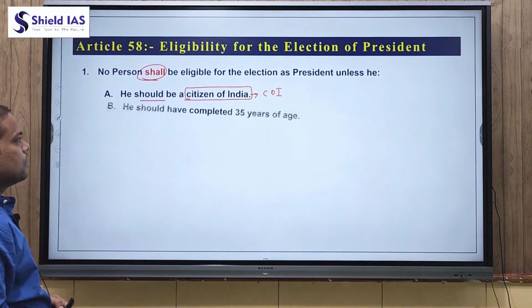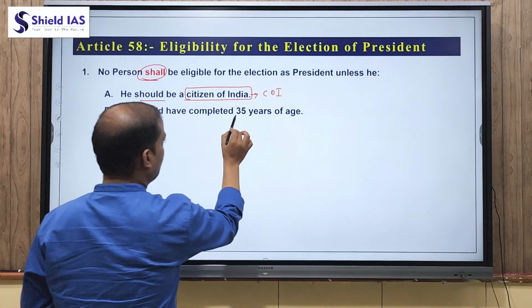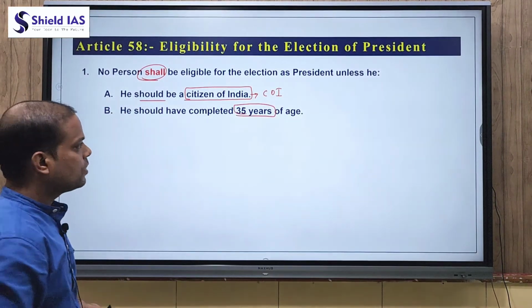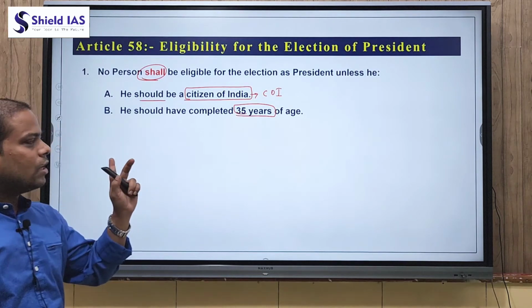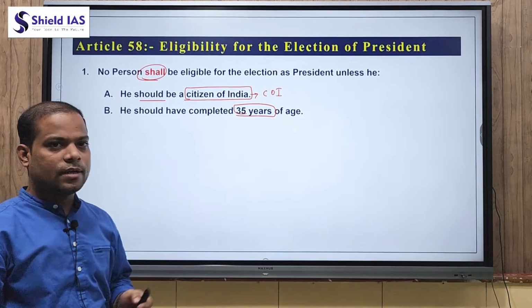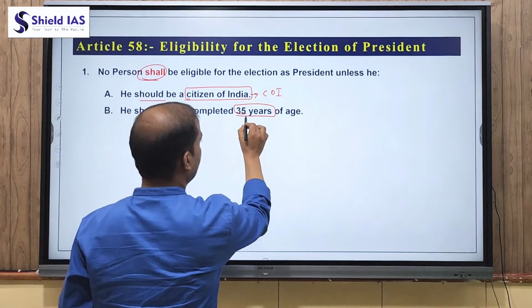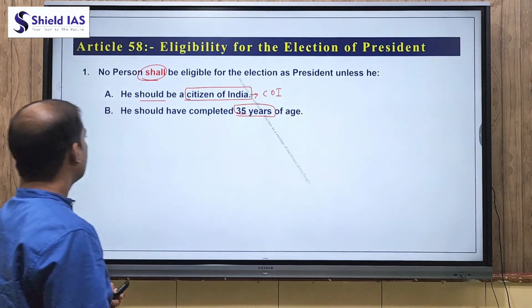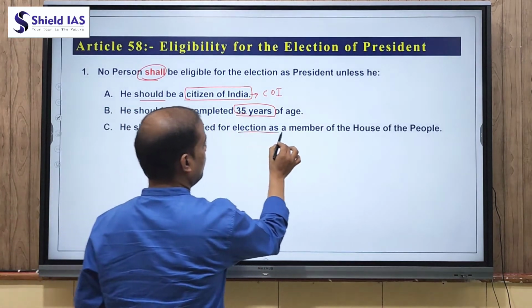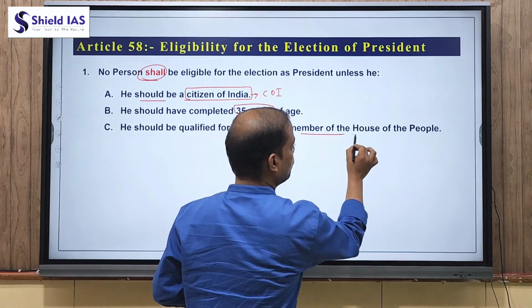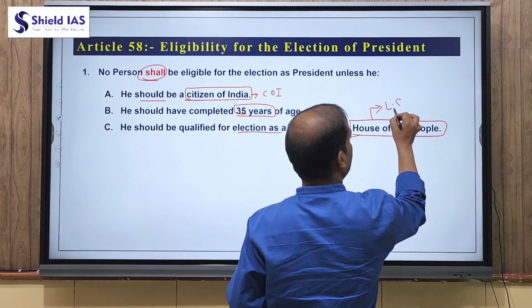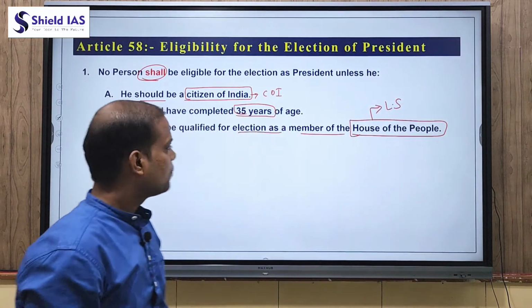Second, he should have completed 35 years of age, which means two qualifications are important: the person must be a citizen of India and must have completed the age of 35 years. And third, he should be qualified for election as a member of the House of the People, which means Lok Sabha, not Rajya Sabha.